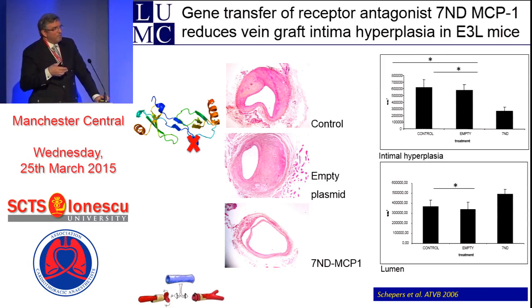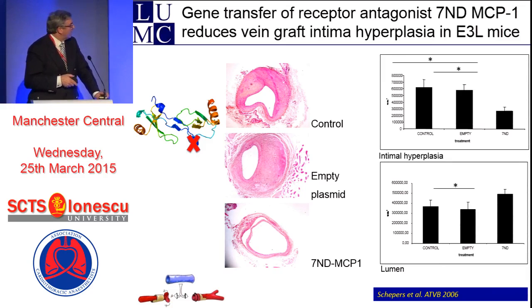So blocking the MCP1 pathway results in a profound reduction in lesion thickening, in vein wall thickening, and a gain in luminal area, pointing out that this MCP1 pathway might be very crucial as a driving force in the inflammatory remodeling processes in vein graft remodeling.